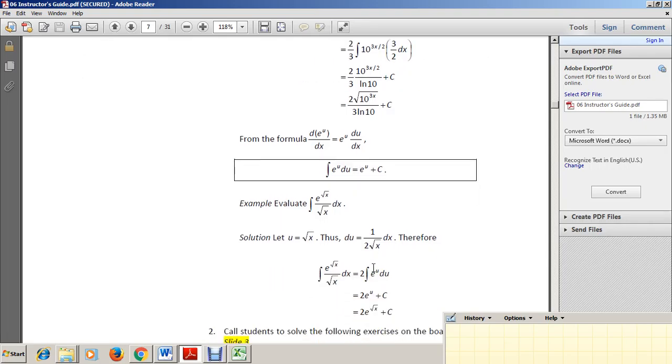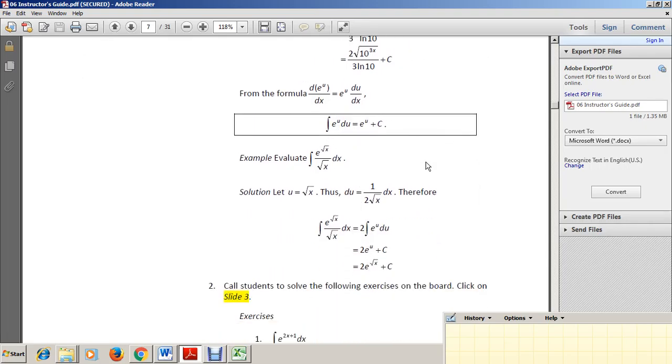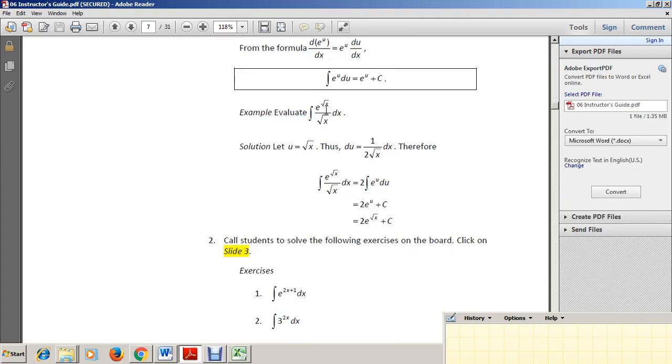Now let's have an example for e raised to u du. Take this example, the integral of e raised to square root of x over square root of x dx. What was done here is we let u equal to square root of x. Follow along the solution by writing the description on your own.